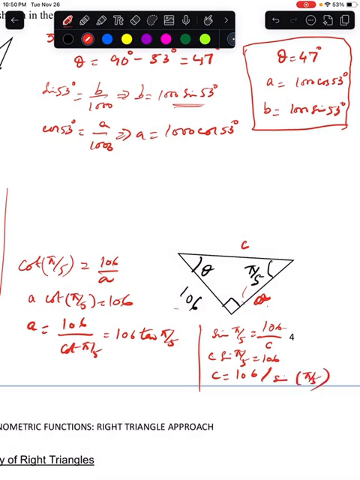Okay, so writing them all together, I think we have space up here. So we have A equals 106 tangent of pi over 5, sorry, not 3, pi over 5.